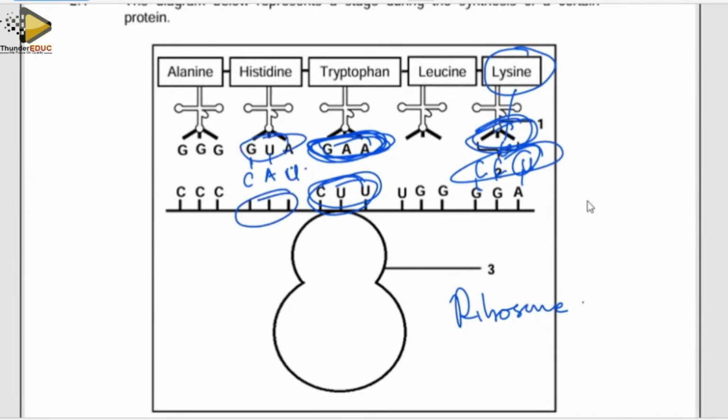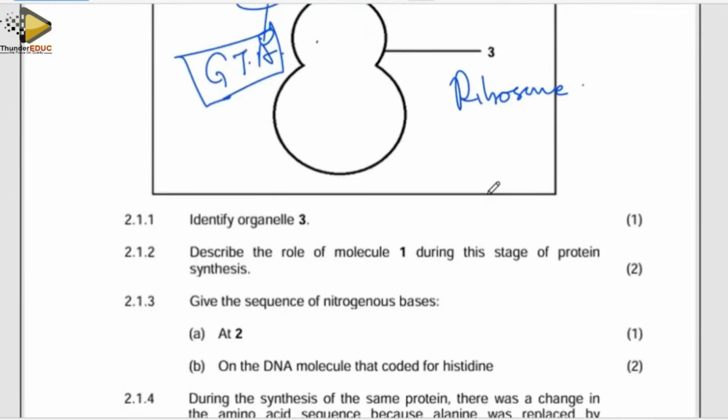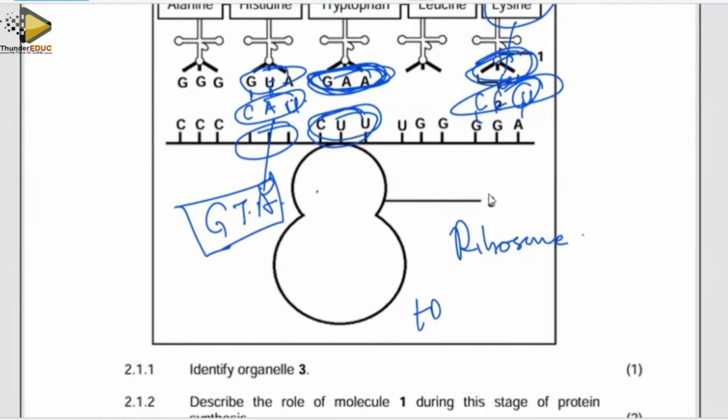This is transfer RNA, this is messenger RNA. Now I need to convert messenger RNA to DNA. So it's going to be GTA. That's why I said the U is replaced with the T. So I have to convert it two times, because I'm changing from tRNA to messenger RNA to DNA.